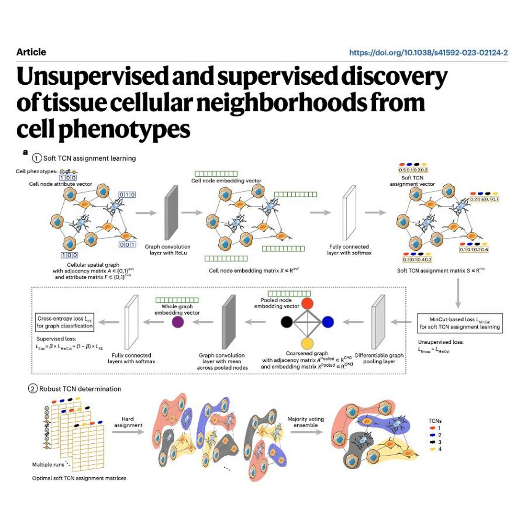Essentially, ReLU stops the math from spiraling out of control by turning any negative numbers to 0, so it only lets positive signals pass through. Oh, that makes sense. And the output of this layer is a cell node embedding matrix. It's a high-dimensional space, typically set to 128 or 512 dimensions. Whoa, 128 dimensions. Yeah, AI loves high dimensions. It gives it a highly complex mathematical understanding of each cell and its immediate neighbors.